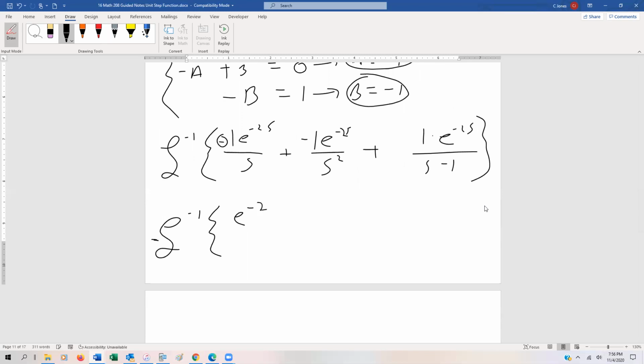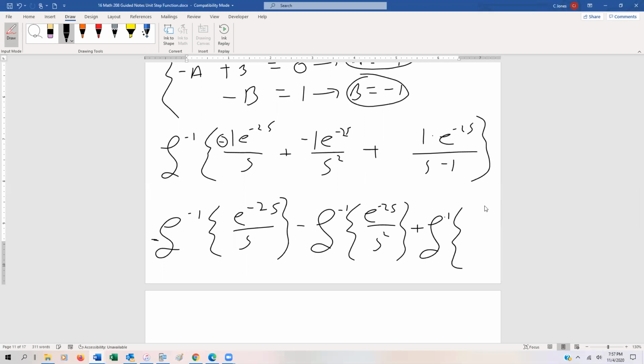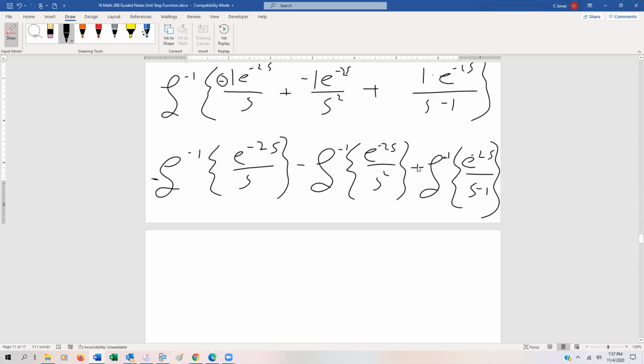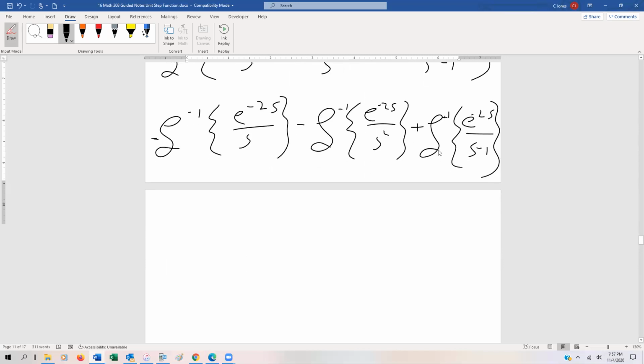So we're going to have e to the minus 2s over s, another negative inverse Laplace of e to the minus 2s over s squared, and then finally, we're going to have plus inverse Laplace, and hopefully we don't run out of room, e to the minus 2s over s minus 1. Great. And so finally, when we do this, what we can do is we can just pull off these e to the minus 2s's. So I'm going to do these one at a time.